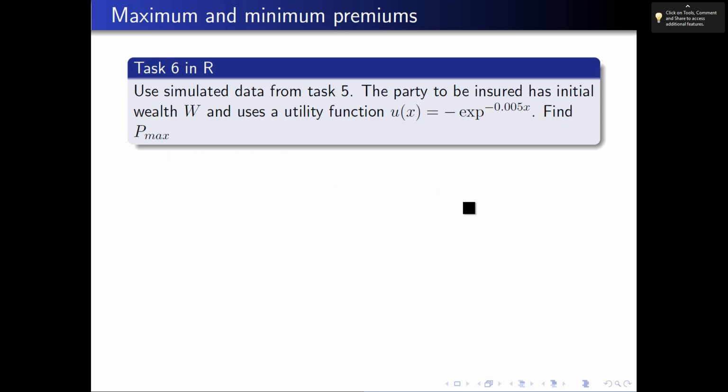So we will continue now the task we have just solved. We are using the same simulated data. The party to be insured has initial value W and uses a utility function in the form of an exponent with beta equals 0.005. So we have to find the Pmax.